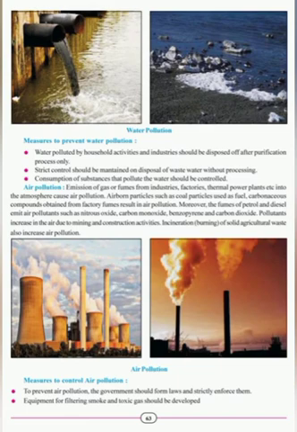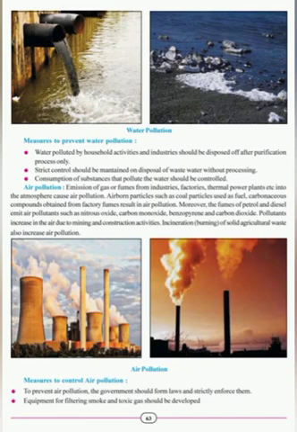Students, drip irrigation is a modern means of watering the crop in the fields, where water will drip from the pipeline drop by drop only to the roots of the plants. Air pollution. Emission of gas or fumes from industries, factories, thermal power plants, etc. into the atmosphere cause air pollution.